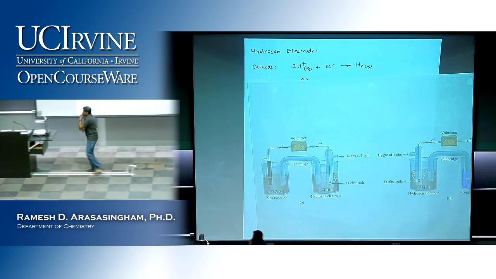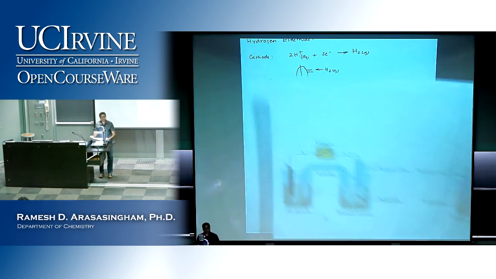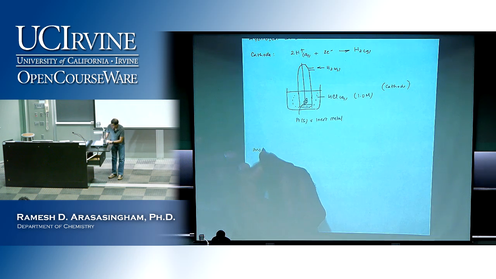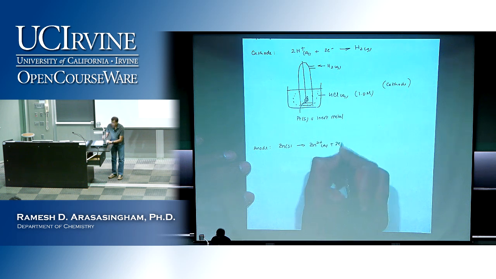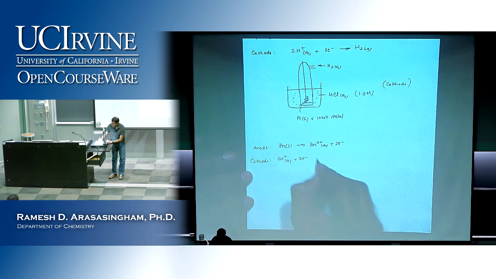So if you wanted to describe what's going on in this cell, then you would say that at the anode, you would have the oxidation taking place, which is the zinc solid going to zinc 2 plus aqueous plus 2 electrons. At the cathode, you would have the 2 H plus ions picking up 2 electrons to give you H2 gas.